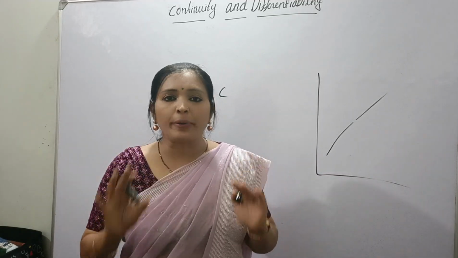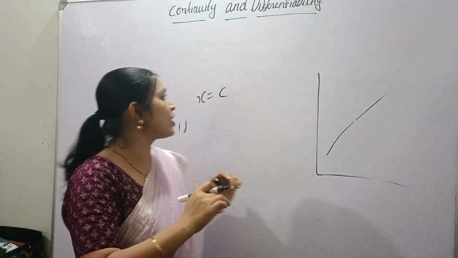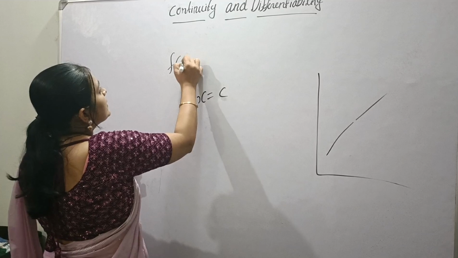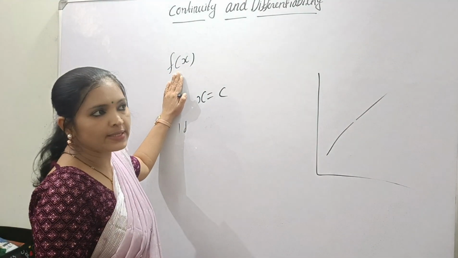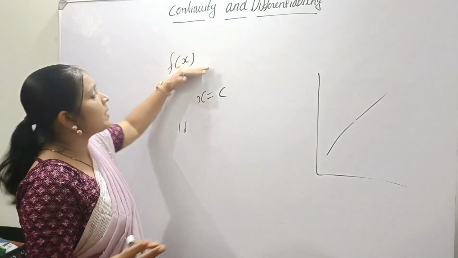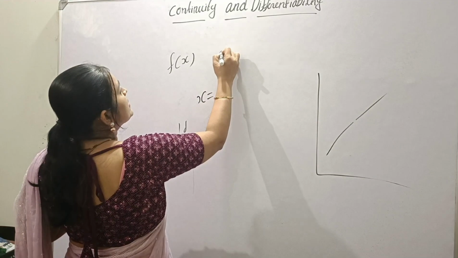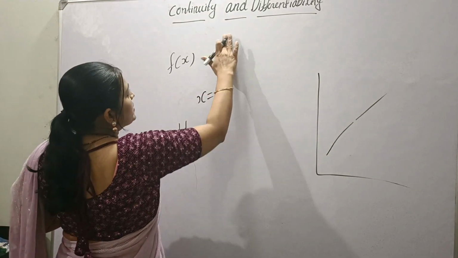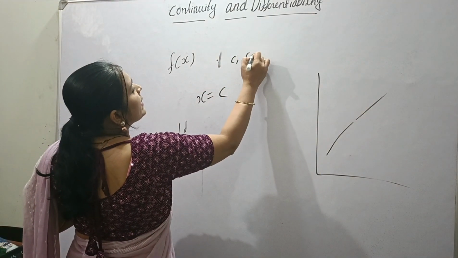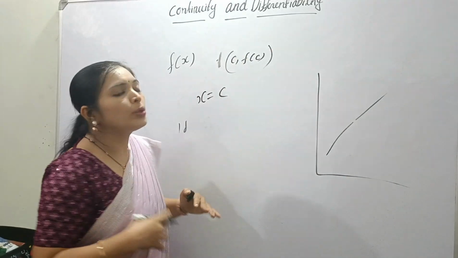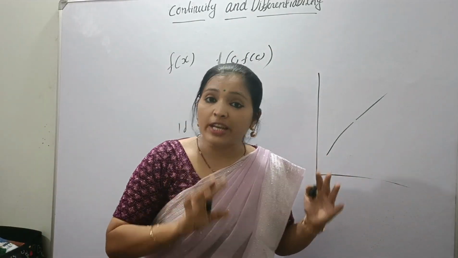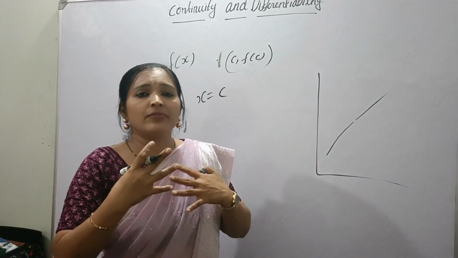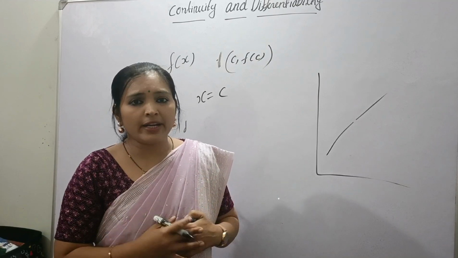in the graph of the given function f of x at the point c, f of c. Don't be confused, don't worry, it's a very easy chapter. After the first example itself you will understand it very quickly.